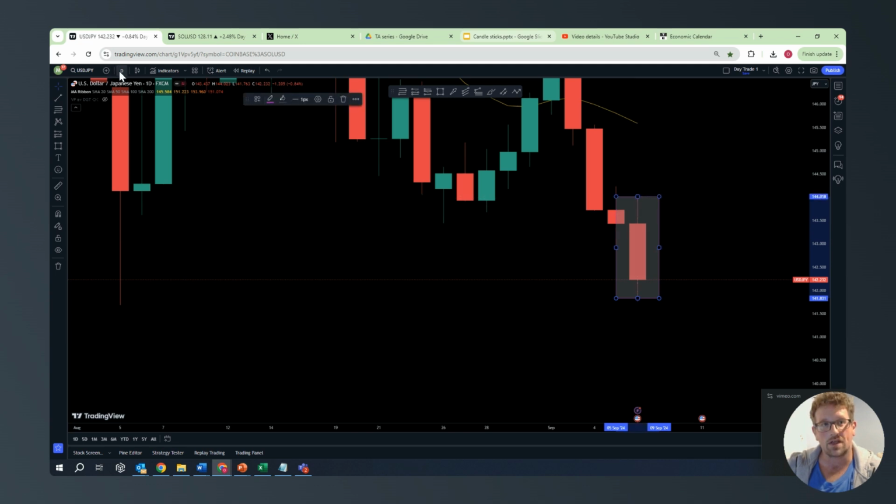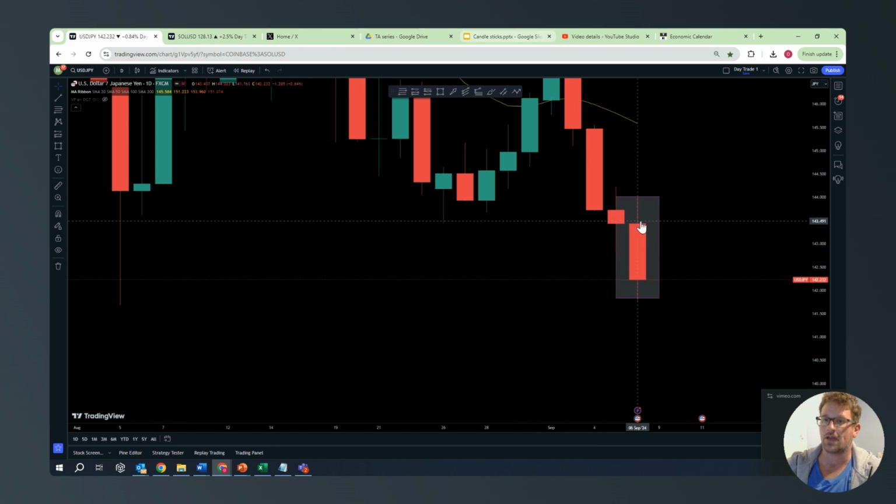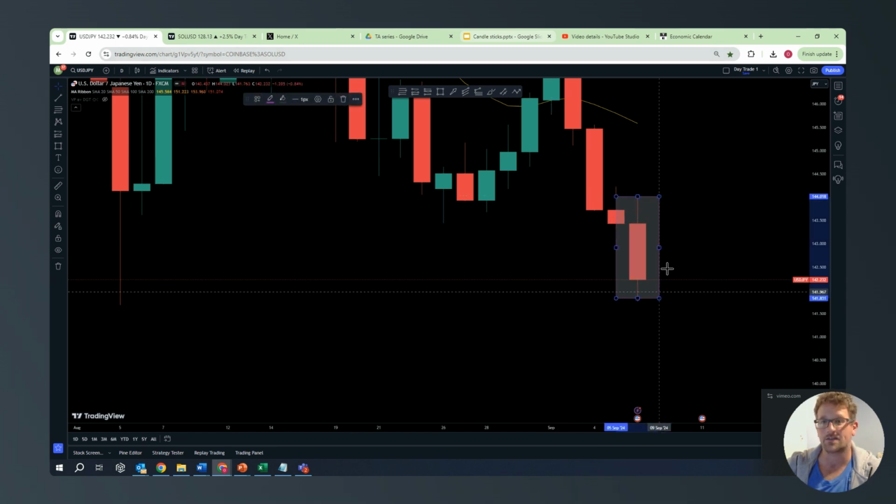We're looking at the daily time frame. So you can select whether you want to look at it on a daily or a weekly time frame or an hourly time frame. The lower down you go, the more volatility you'll see on the charts. But here we've highlighted our day. So this candle represents all of the action.